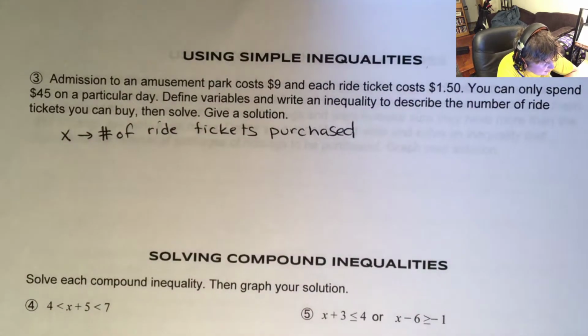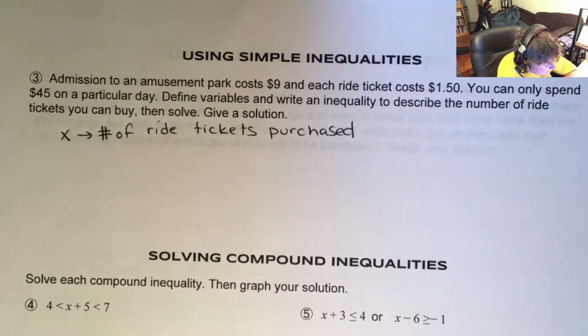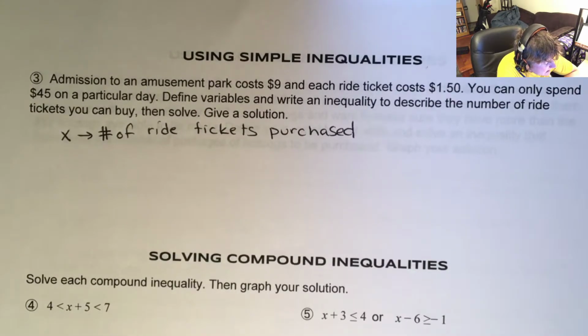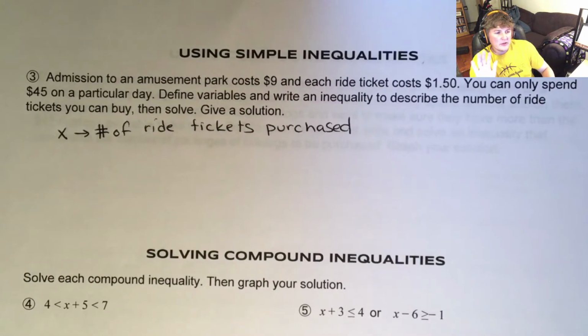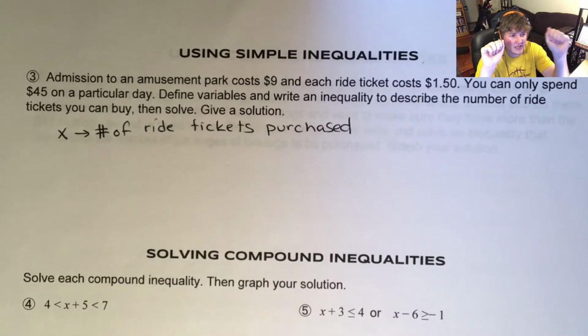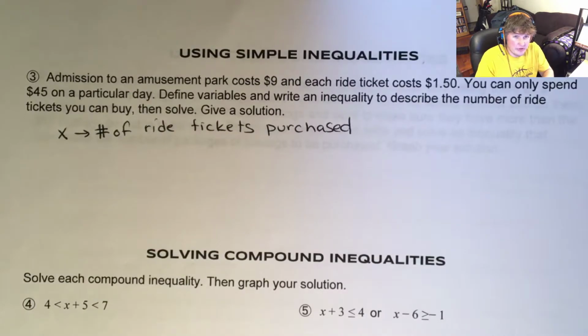Okay, and so let's write our inequality. So I know that if I want to figure out how much money I'm going to spend, I'm going to take the money spent to get in the door, and then I'm going to take the money I spent on rides, and I'm going to combine it together. That's going to tell me how much money I spent, assuming that there's no other variables such as food or anything like that.